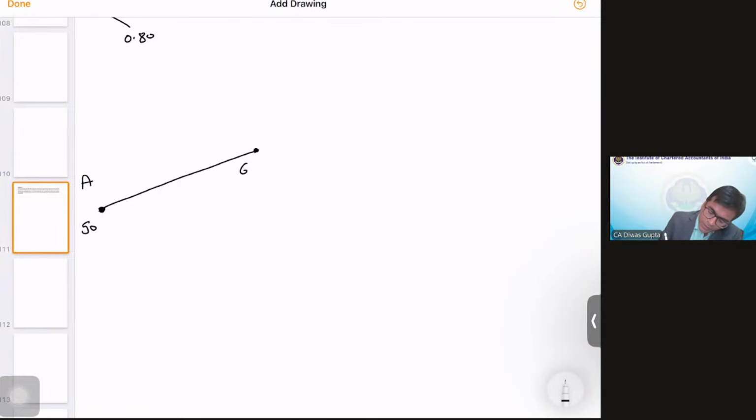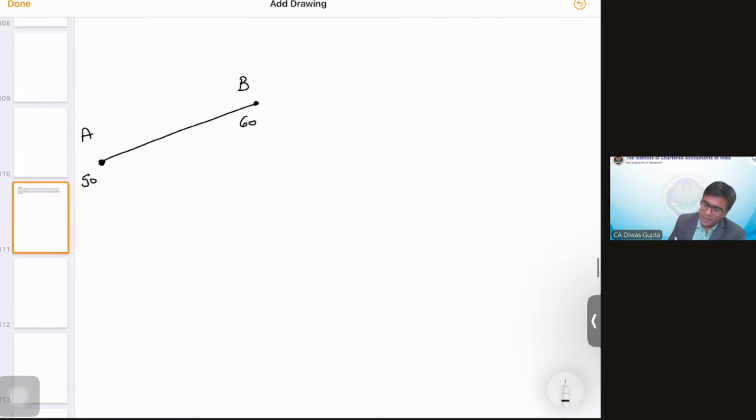So 50 can go to 60 rupees. Let's name this node B, and it can go down by 20% of 50, which is 10. So 50 minus 10 is equal to 40. And in the B node, 50 plus 20% of 50, which is 10, equals 60. So A, B, and this one will be C, students. Correct? So we have named the nodes.